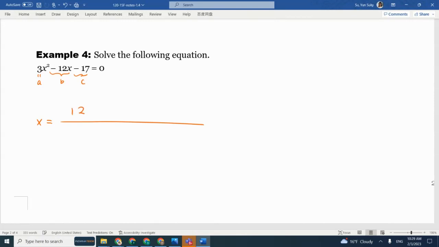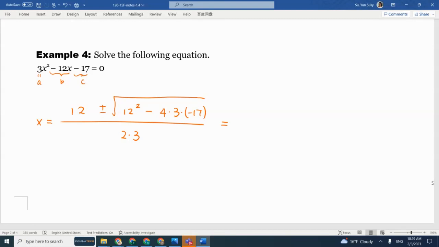And then? Plus or minus square root of? Okay, B is the number, no x. So 12 squared. Yes. And then? Minus 4. A is 3, yes. Over 2. Yeah, very good.